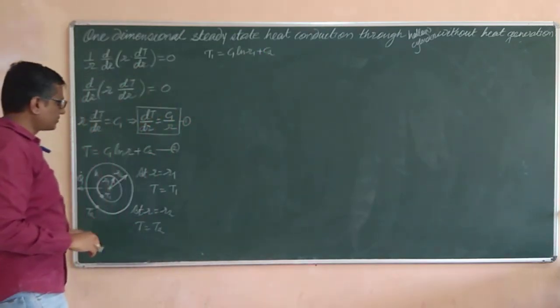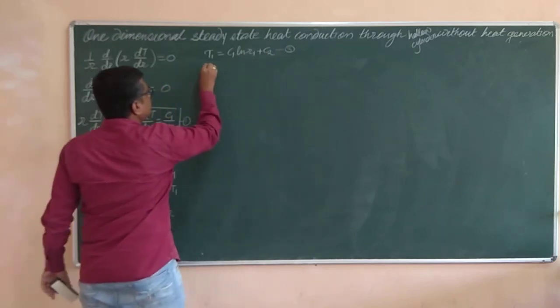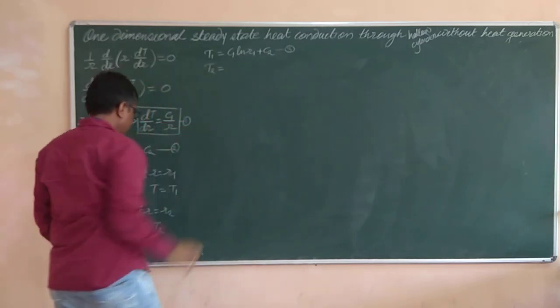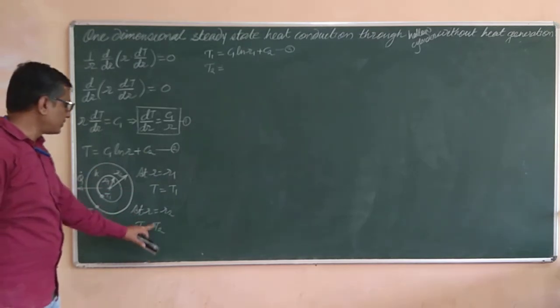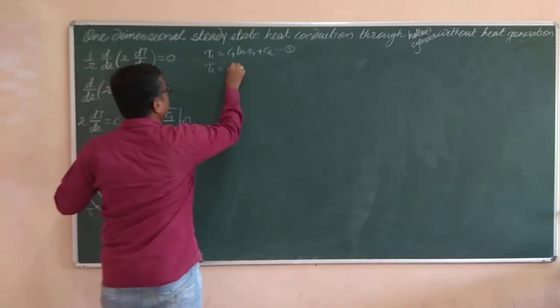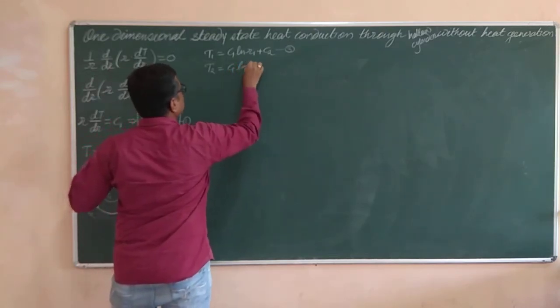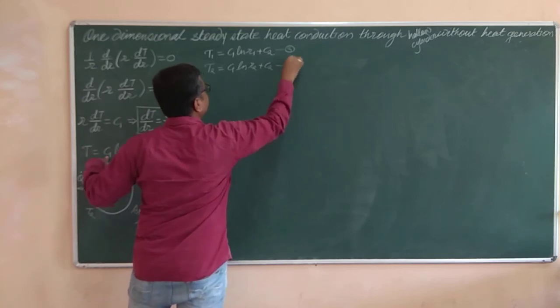Let us say this is equation number 3. Next, putting in T equal to T2 when r equals r2, T2 equals C1 natural log of r2 plus C2. Say this is equation number 4.